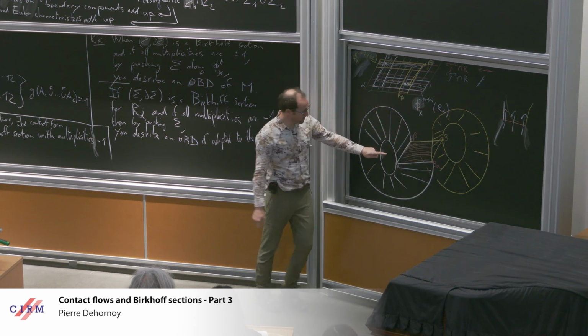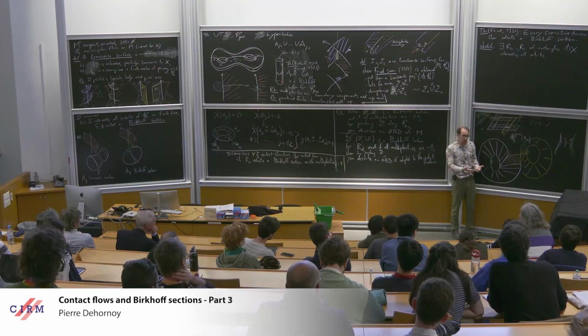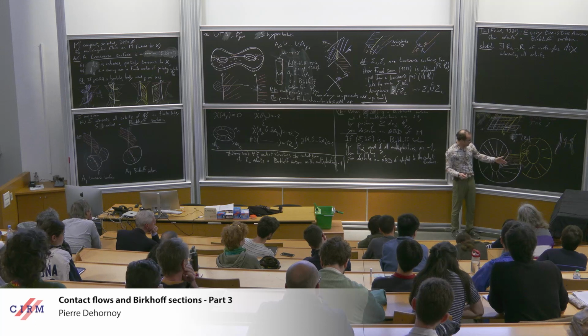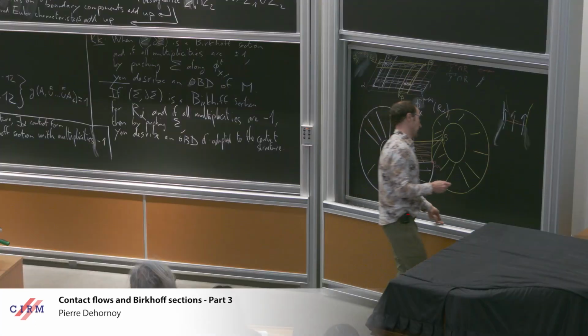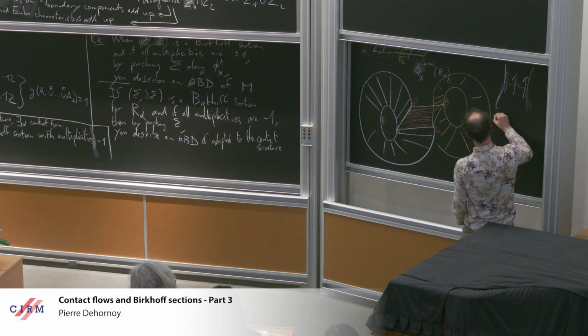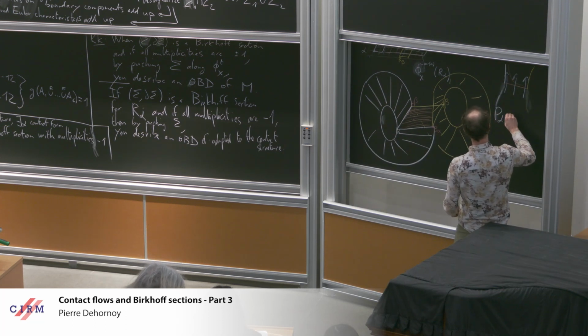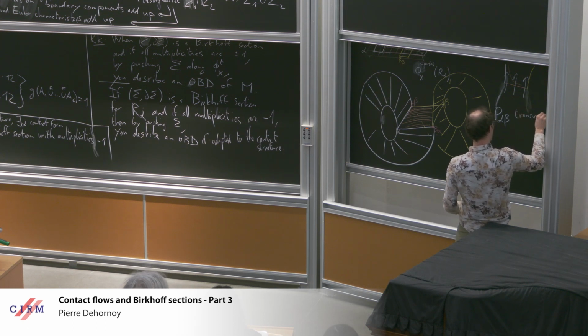So if you have this surface which is a bit topological, if you smooth it, you can make it completely transverse to the flow. And so this gives here what I will call P alpha beta, a transverse pair of pants.